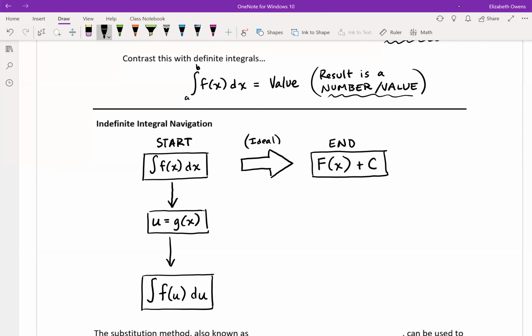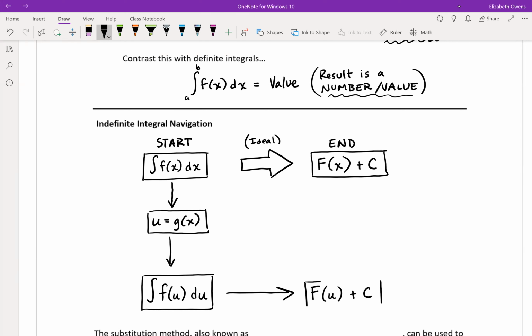The plan is that the substitution we make, u equals g of x, simplifies the integral enough that we can actually find the general antiderivative of little f of u du. We would take an antiderivative and get capital F of u plus c.